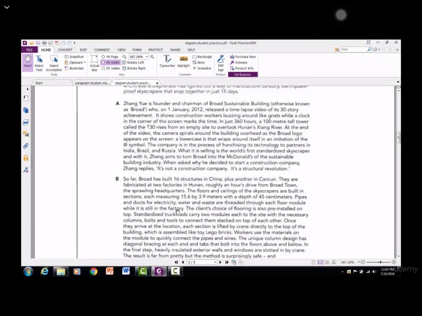But we can only write one word for our answer, so we have to write factory. If you write the factory, it's wrong. Okay, the is a word, and so we have to be very strict and be very technical about it. You just write the word factory.